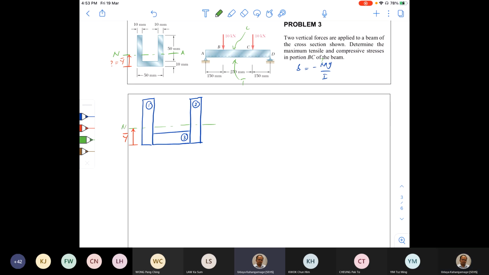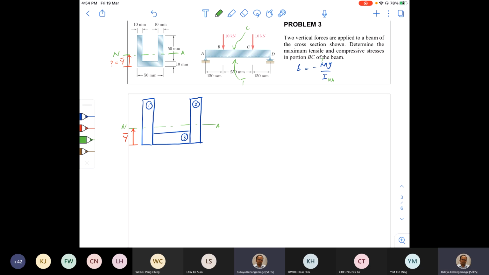Just to tell you that here sigma equals negative My over I should be about the neutral axis all the time. That is why what we need to find out now is I about the neutral axis. Now we are locating the neutral axis first. Okay, how to find this one?